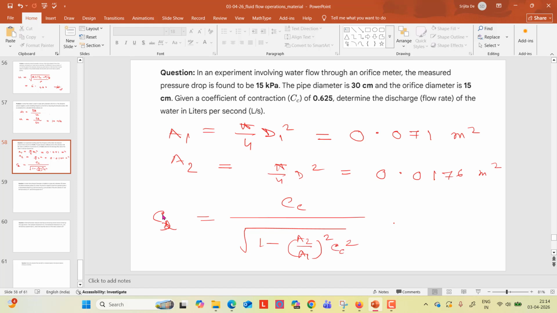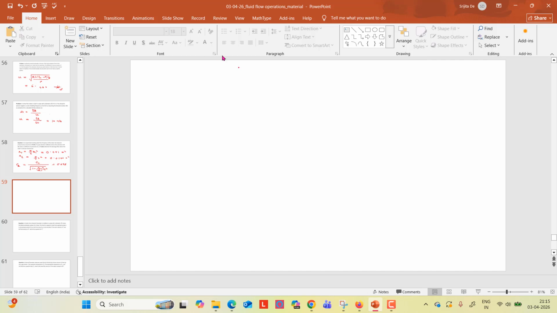So put all the values, CC is 0.625 square, and it is coming as 0.632 CD. 0.632, right? Now CD is given. We need to calculate the Q.